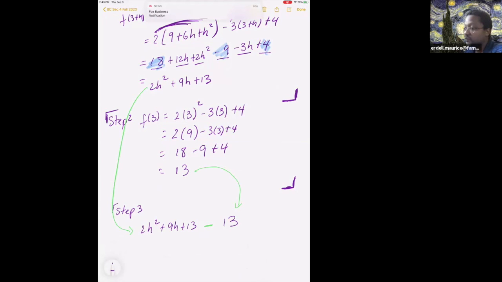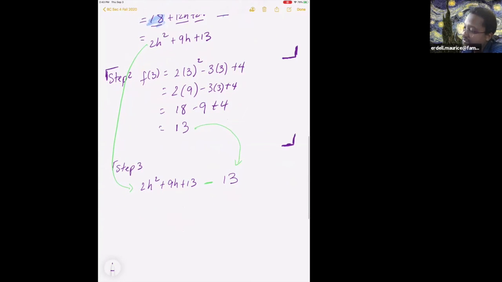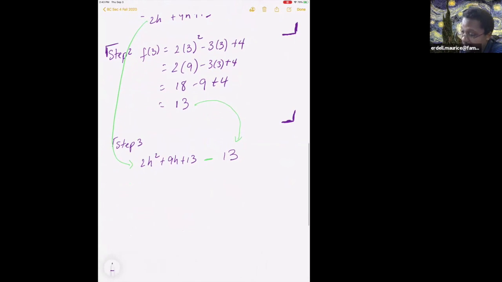Like I was hoping to point out to you, the last 2 numbers will always be the same. So what happens for step 3? The 13s cancel out. The 13s will say good night. And so that will leave me with 2h squared plus 9h. And that is the end of step number 3.